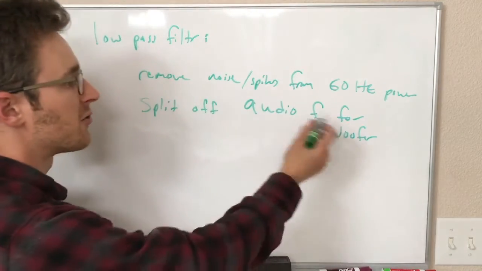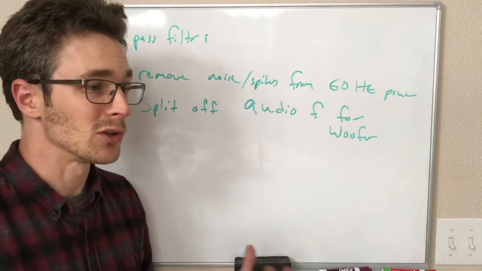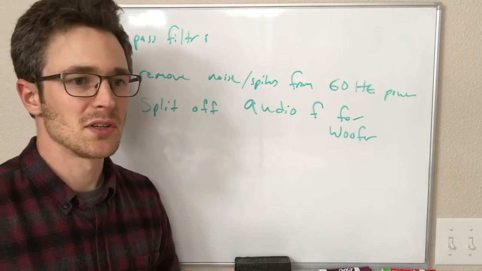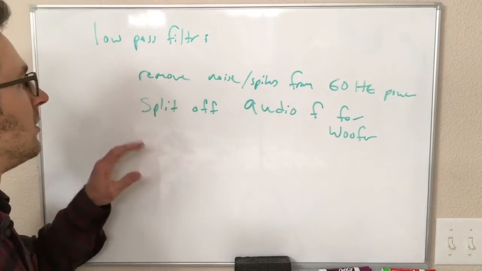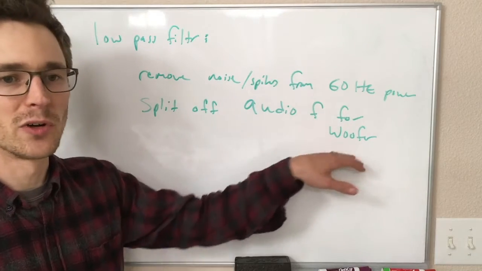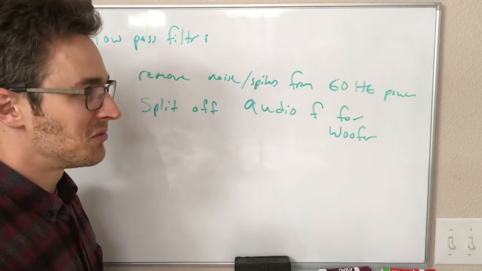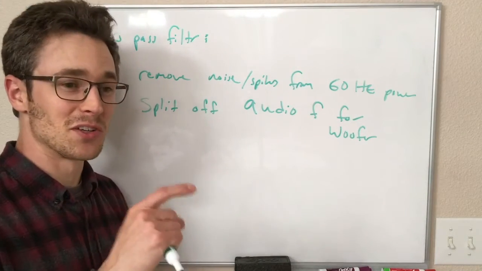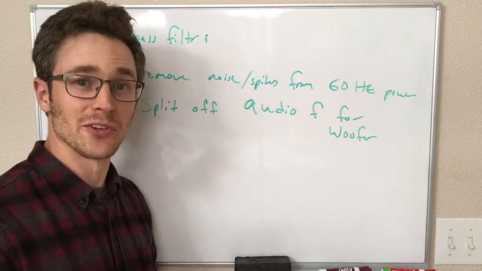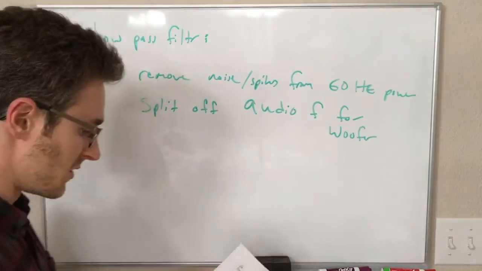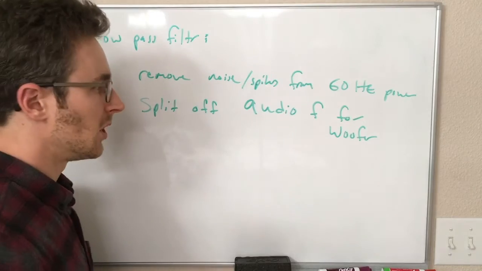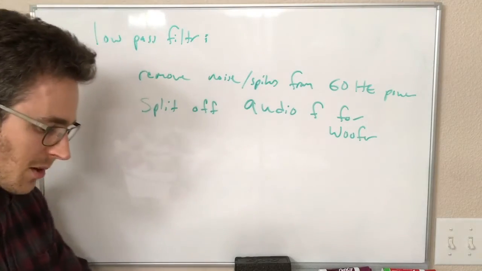If you try to send high frequencies to a speaker designed for low frequencies, you get buzzes and weird stuff happening. So in general, you only want the low frequencies to go to the low frequency speakers, and then you have little high frequency speakers that are good at high frequencies, and you can use a high pass filter to send the high frequencies to that. So this is how stereo systems work, at least in some simple way.